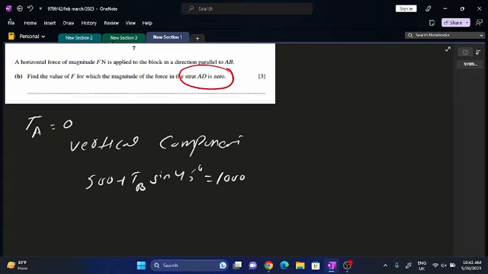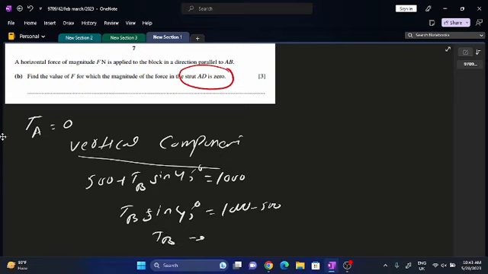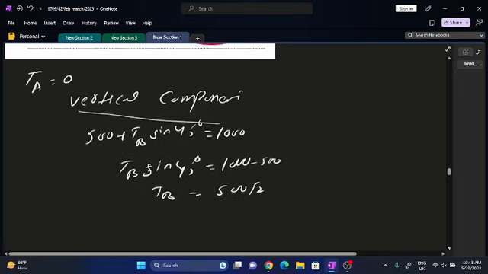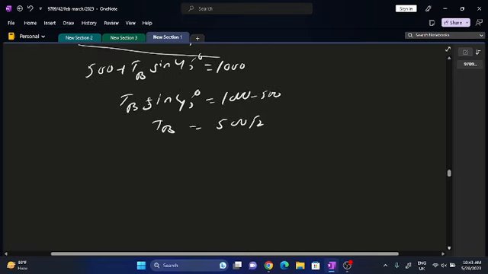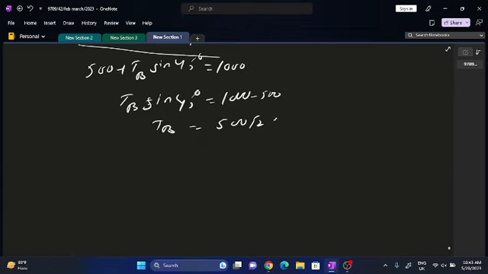There is only the contribution due to TB, and since I'm talking about the vertical component, I'm just considering TB sine of 45 degrees. So TB sine of 45 degrees equals 1000 minus 500 again, and after simplification TB comes out as 500 times square root 2 Newton. I'm not going to explain this step because it was already done in the first part.